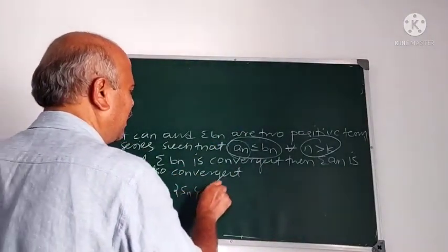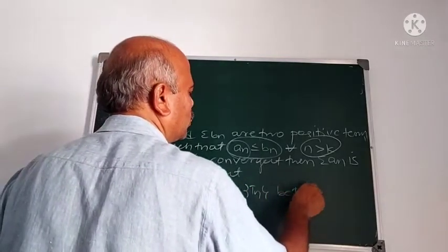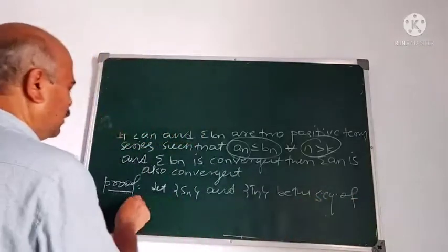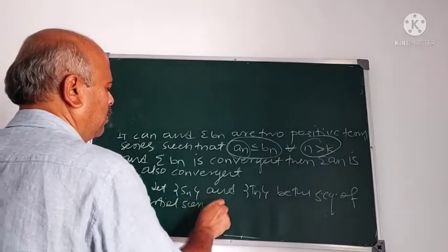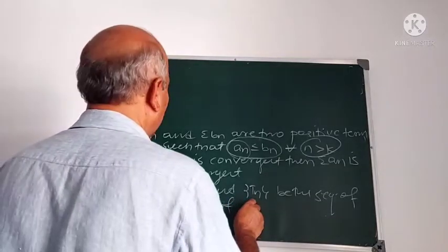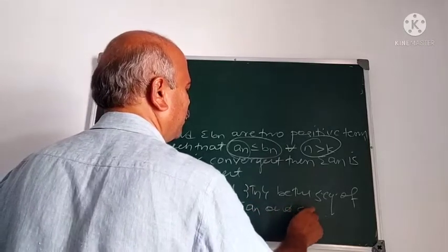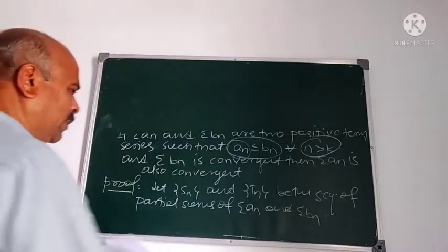Let Sn and Tn be the sequences of partial sums of sigma an and sigma bn respectively.